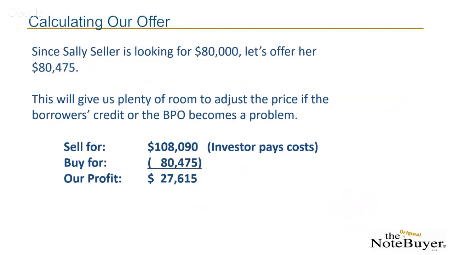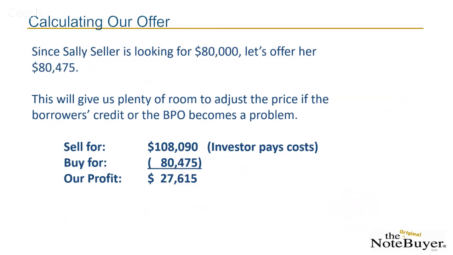So this gives us plenty of room to adjust the price if the borrower's credit or the BPO becomes a problem. That was on the slide. I don't know if you saw it, but I didn't mention the institutional buyer said their quote was subject to the borrower's credit and the broker's price opinion being at least $150,000. Those were their contingencies.